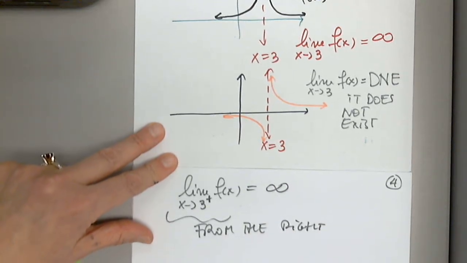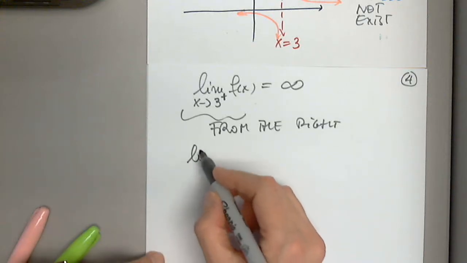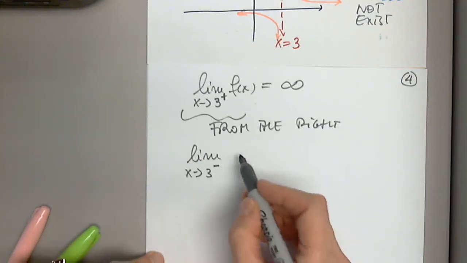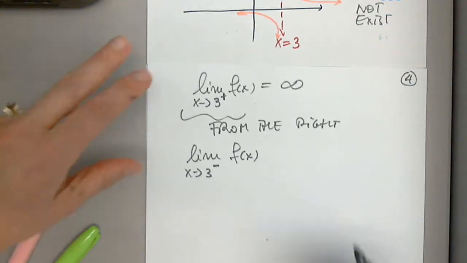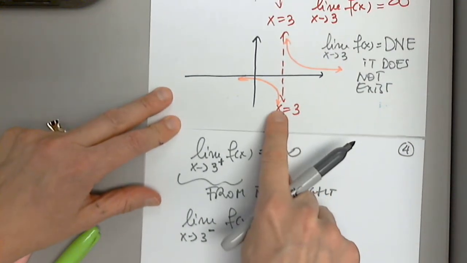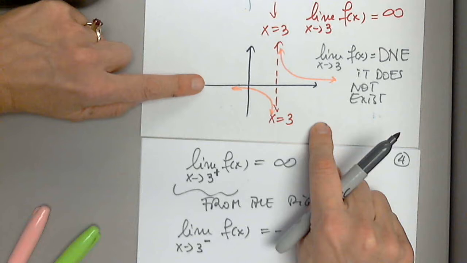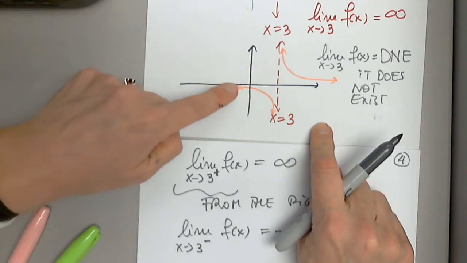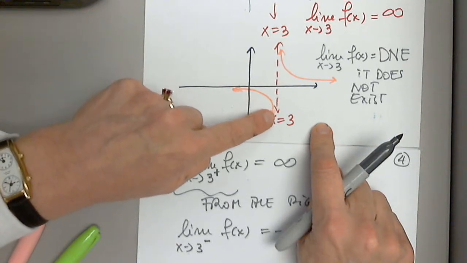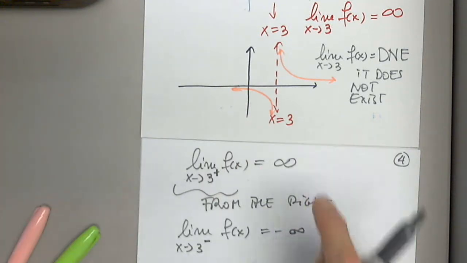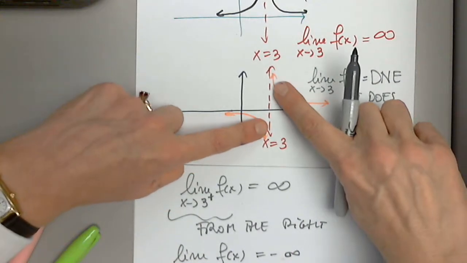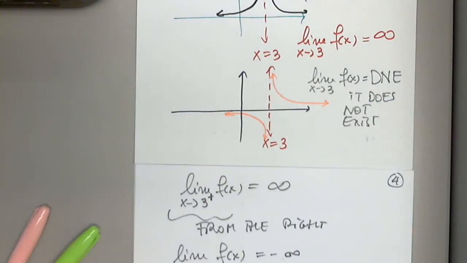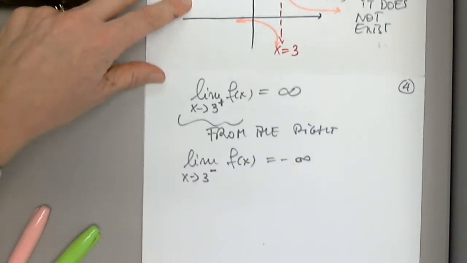Infinity indeed. What will you write with a minus as the power? There is no minus as the power, but this is the symbol we use. This will be negative infinity, correct? So as x approaches 3 from the left-hand side, look what the function's values do. They get closer and closer to negative infinity. Since the left and the right are not the same, and furthermore they're infinities, the limit does not exist.